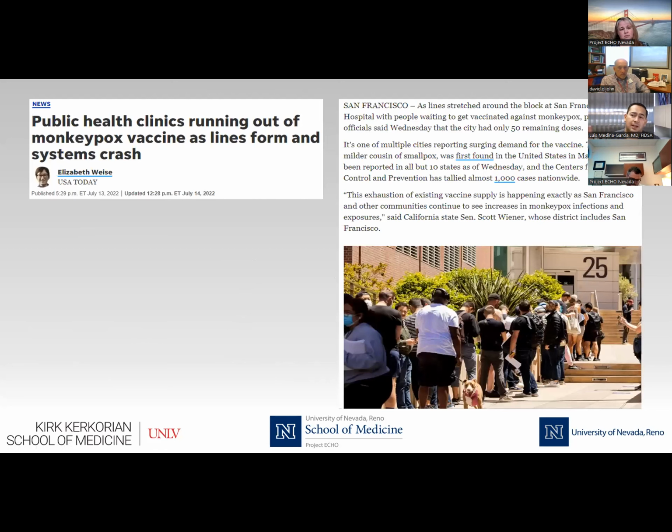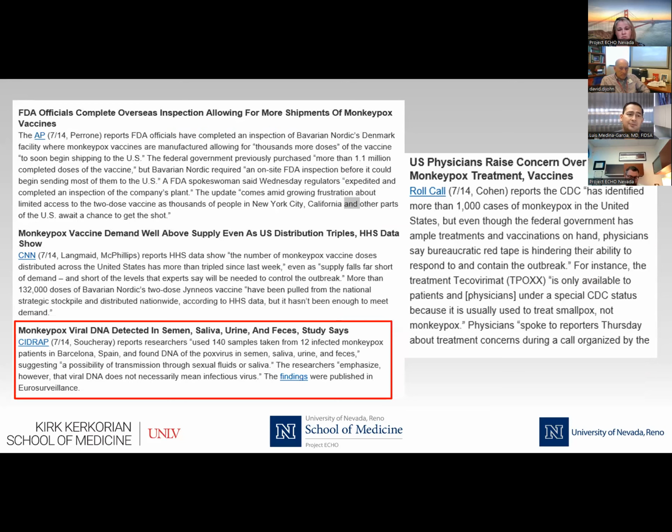Several states, again, are having very high difficulty in securing vaccine doses, and then with the logistics of having the appointments to deliver those vaccine doses to vulnerable individuals. And you can see that in San Francisco, people just flock to their health departments to get the vaccine, and they quickly run out, and it's impossible for them to get that protection.